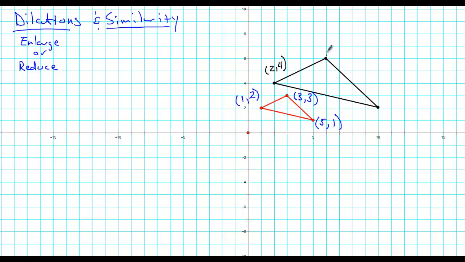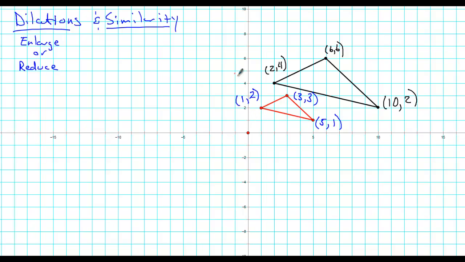This one is 6, 6. And this one is 10, 2. So I want you to just take a minute and look at the points, look at the triangles, and see if you can determine how did we go from the red triangle to the black triangle.